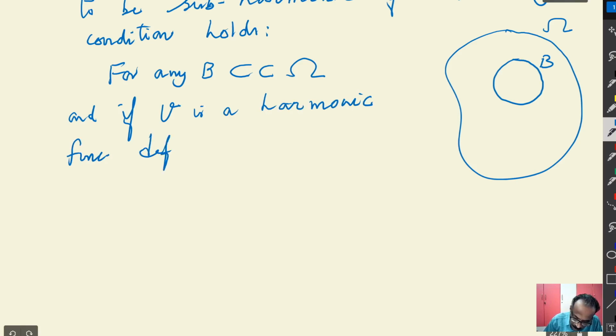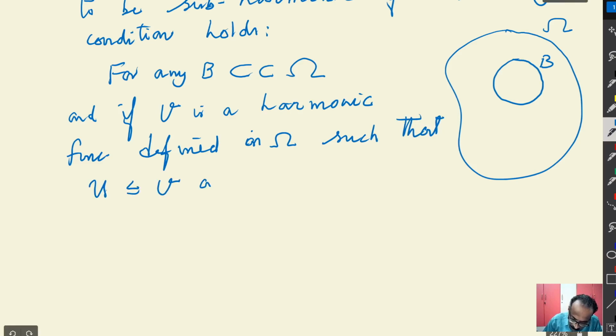defined in omega, such that u less than or equal to v on the boundary of B implies u less than or equal to v in B. So basically you are demanding that the maximum principle is satisfied, but we write it in this way.